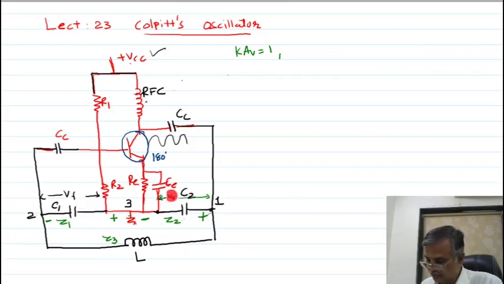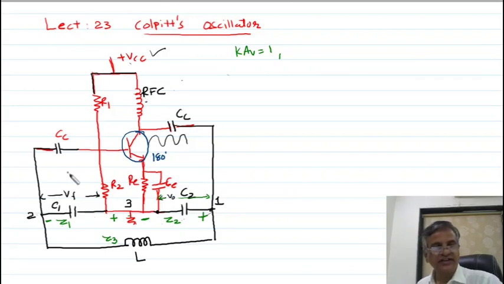That means there is 180 degrees between VO and VF. 180 degrees is produced by the common emitter amplifier circuit, and 180 degrees is produced by the tank capacitors. So a total of 360 degrees phase shift is produced.